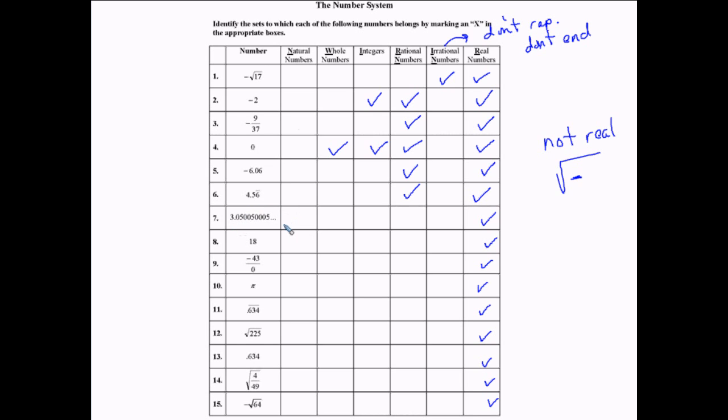We have a pattern. Irrational numbers have no pattern. So this doesn't repeat in that it's the same digit every time, but it repeats in that it's got a repeating pattern. That makes it rational. If you see a pattern of repetition, and in this case it's adding a 0 every time, that will still be rational.